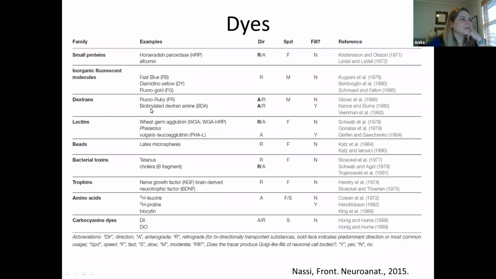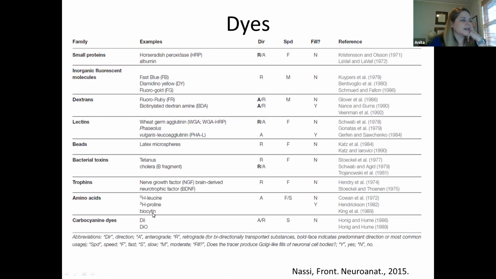Then there are biotinylated dextran amines, plant lectins, some of which are anterograde and retrograde, and retrobeads, which are microspheres. Some of the toxins, especially cholera toxin B, prefer to go retrograde.